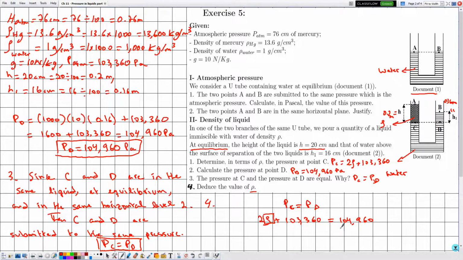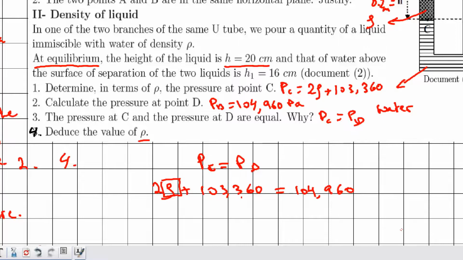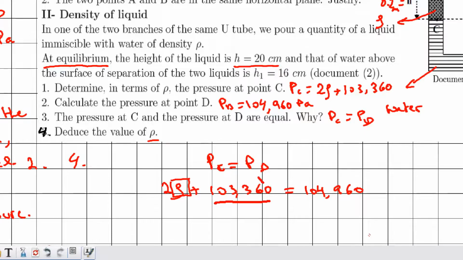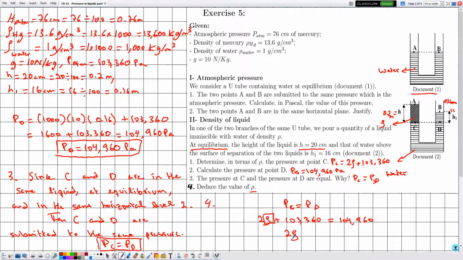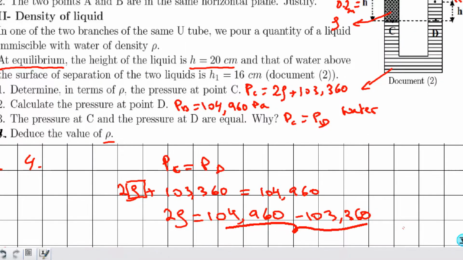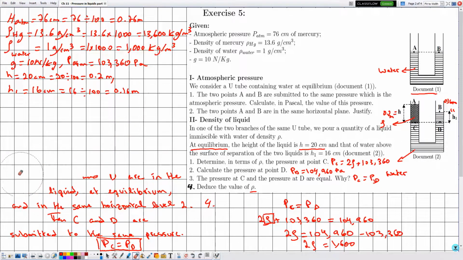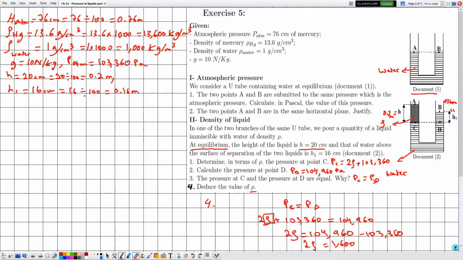So how do you solve this type of equation? We put rho on one side and all the other numbers on the other side. So dragging this number to the right hand side, 2 rho is equal to 104,960 minus 103,360. Now plugging this on the calculator, 2 rho is equal to 1,600.